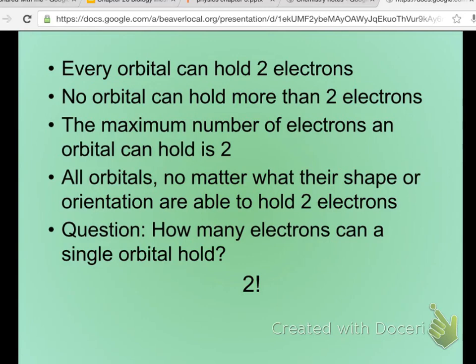So how many electrons can an orbital hold? 2, not 3, not 1. 4 is right out. 2. Any orbital. I don't care if it's a 1s or a 5d or a 7g. Each individual orbital can only hold 2 electrons. Just 2.